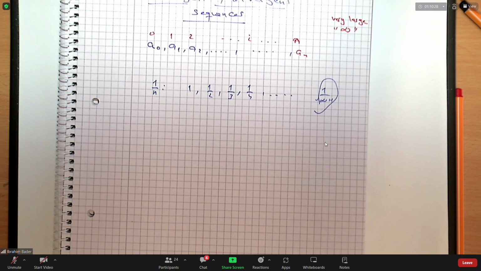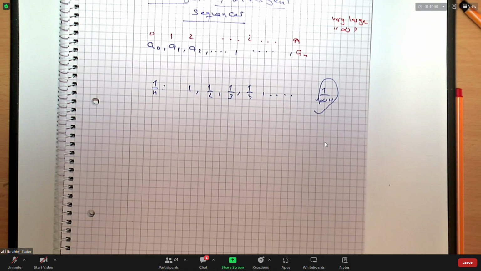You have a calculator, can you evaluate 1 over 2024, let's say? You see, it's 0.0049, almost.